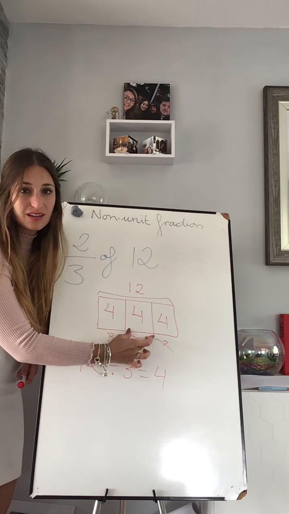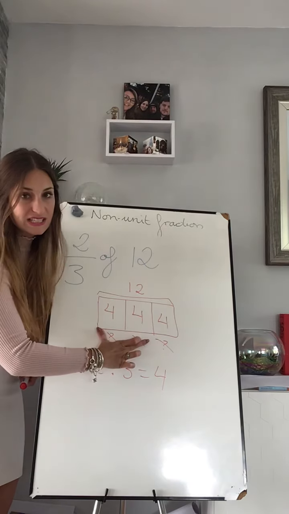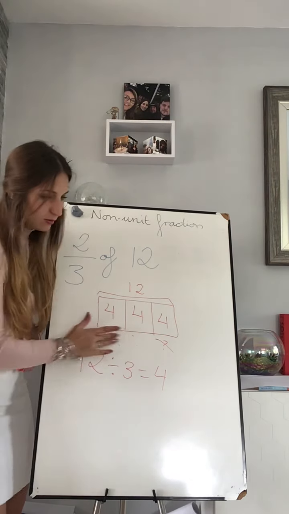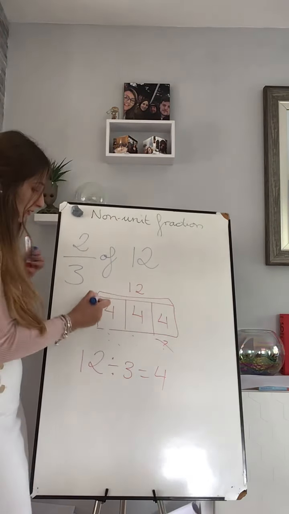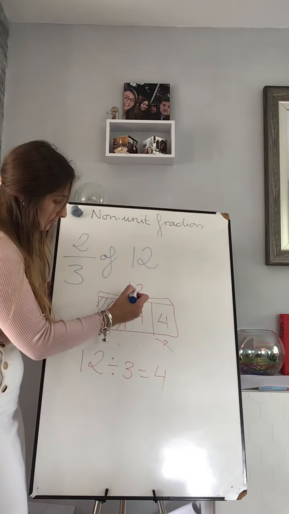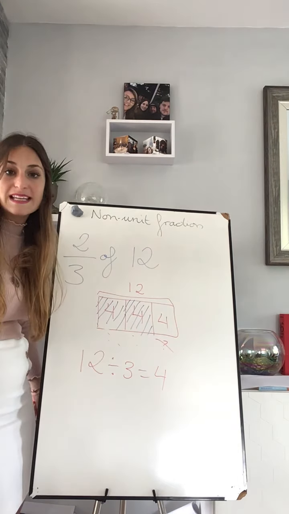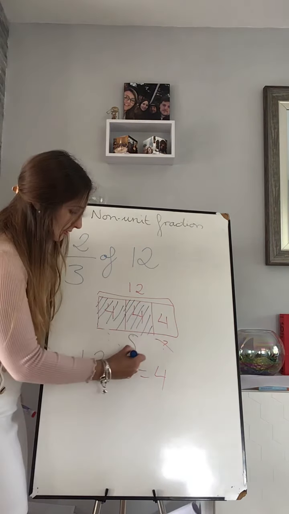1/3 and another third makes 2/3. I want to know what this is. So if I have 4, add another third, which is another 4. 4 add 4 is 8. Well done.